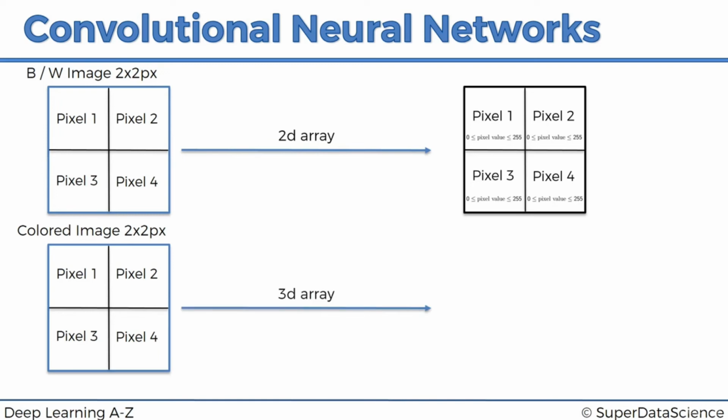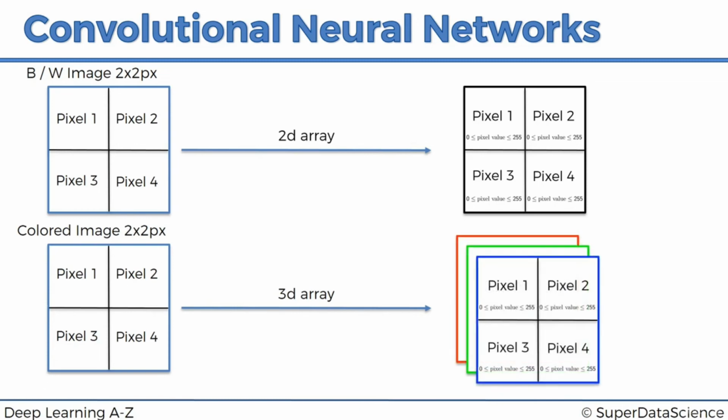And a colored image is actually a three-dimensional array. You've got a blue layer, a green layer, and a red layer, and that stands for RGB: red, green, blue. Each one of those colors has its own intensity.